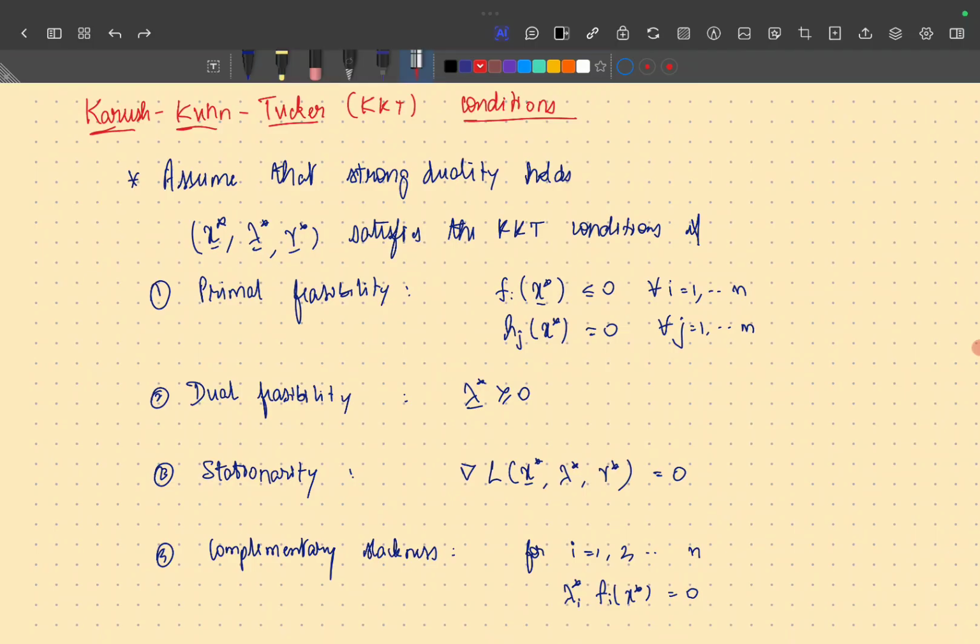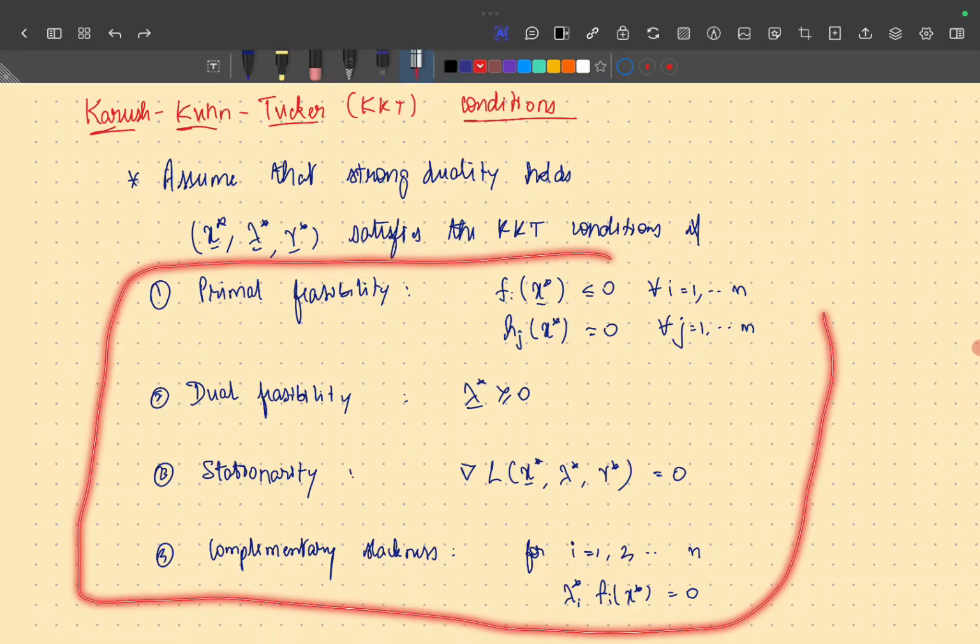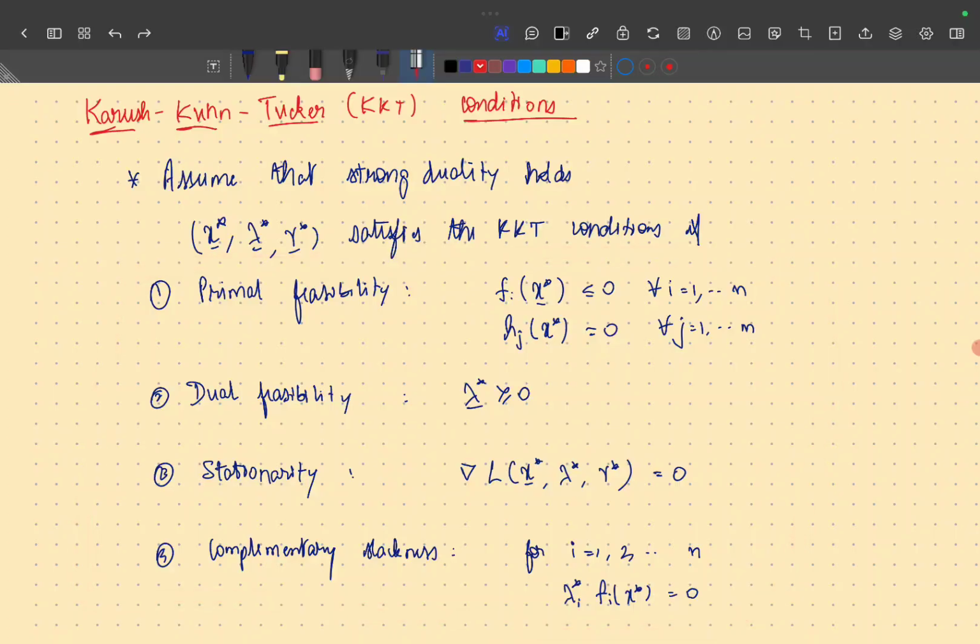So given the primal optimization problem, you first construct the Lagrangian, and then using the Lagrangian, you verify whether a given set of points satisfies these KKT conditions. If you are able to find some x star, lambda star and nu star that satisfies all of these KKT conditions, then you output that particular x star, lambda star and nu star.